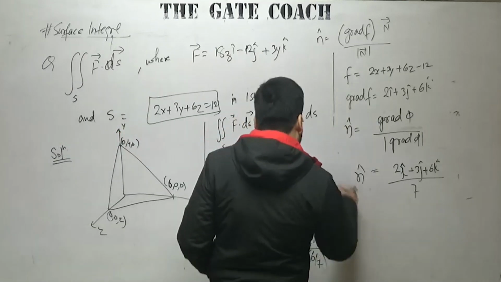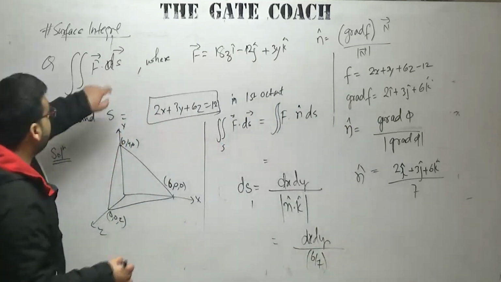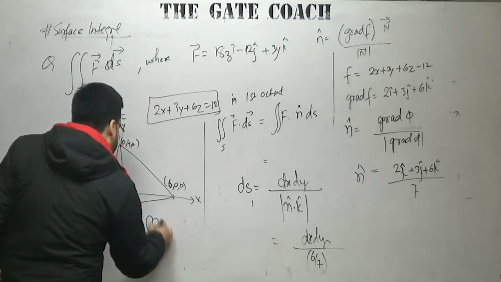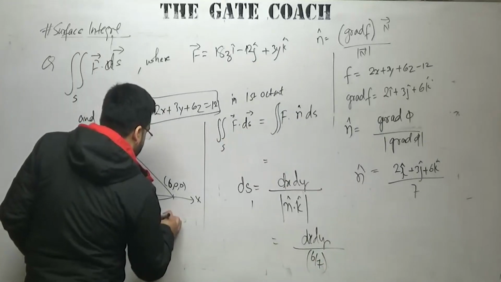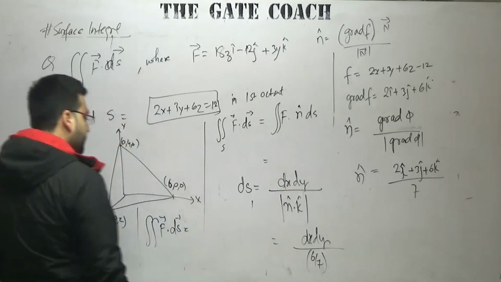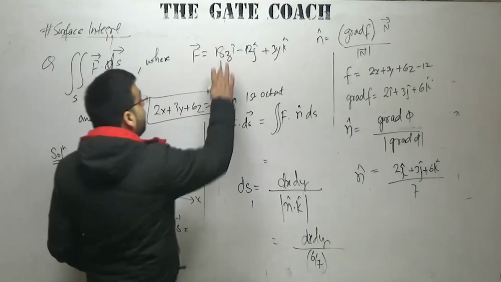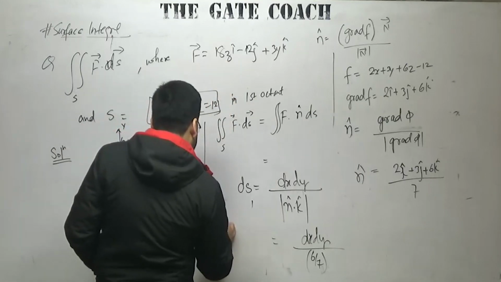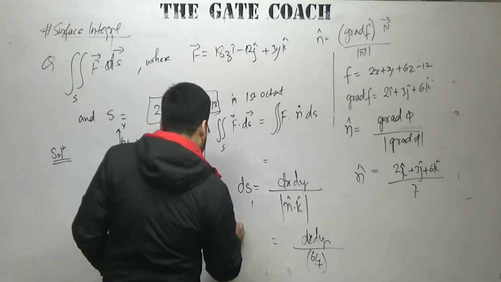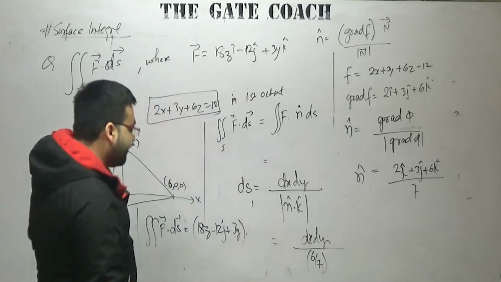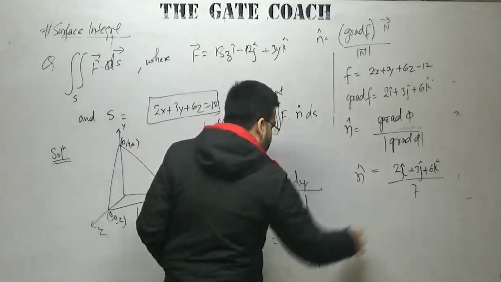So now let me put everything here in this equation. So this double integral of f dot ds will be equal to, f is what? 18 times z i cap minus 12 times j cap plus 3 times y k cap, dot n cap dot ds. n cap is this thing, dot ds.